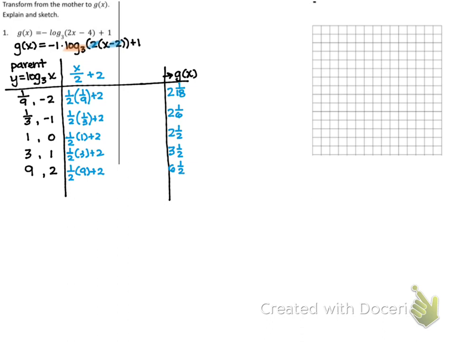Okay, now let's take a look at our y's. And remember, with the y's, it's exactly what it looks like. So it looks like I'm timesing by -1. So I'm going to take my y and I'm going to times it by -1. And then I'm going to add 1 to it. All right, so let's go ahead and fill this in.